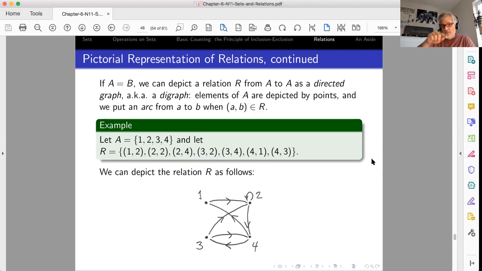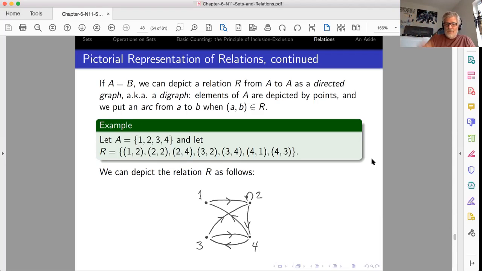Like in the picture you see 1, 2, 3, 4 there. My example has 4 elements in the set A: 1, 2, 3, and 4. These are points, and if a pair, let's say ab, is in the relation, I put an arrow from a to b.